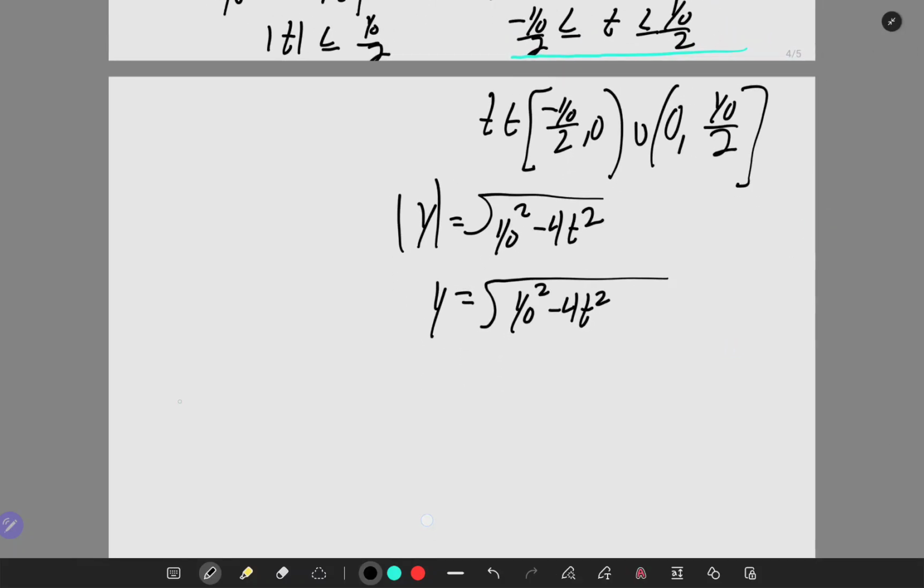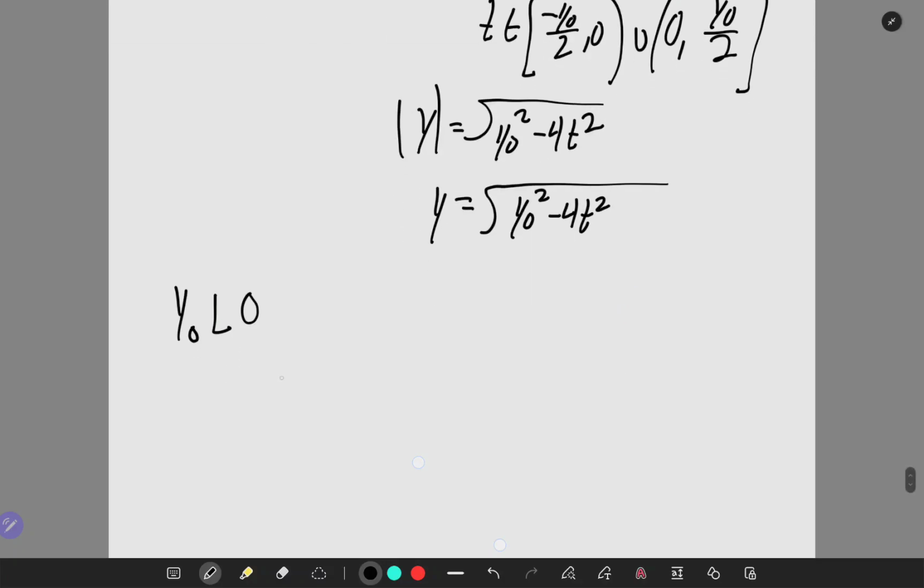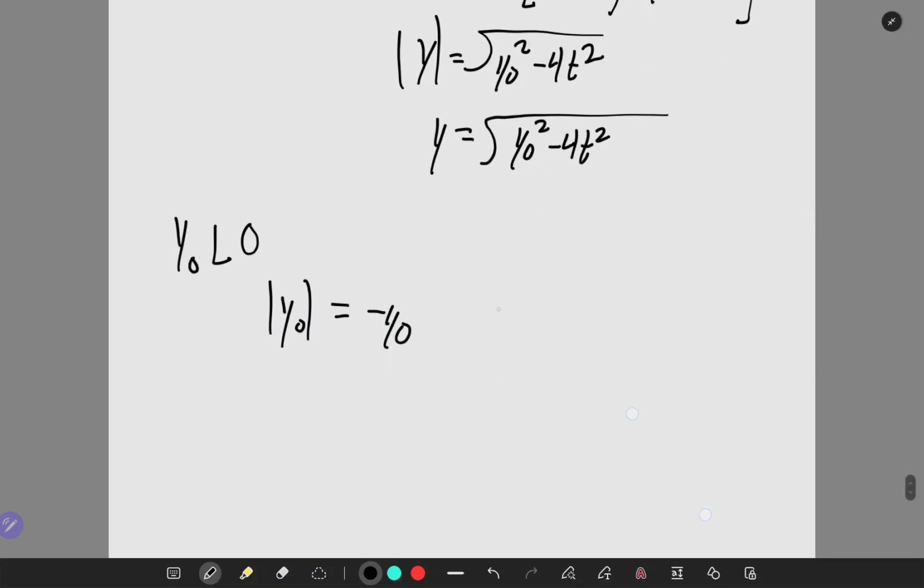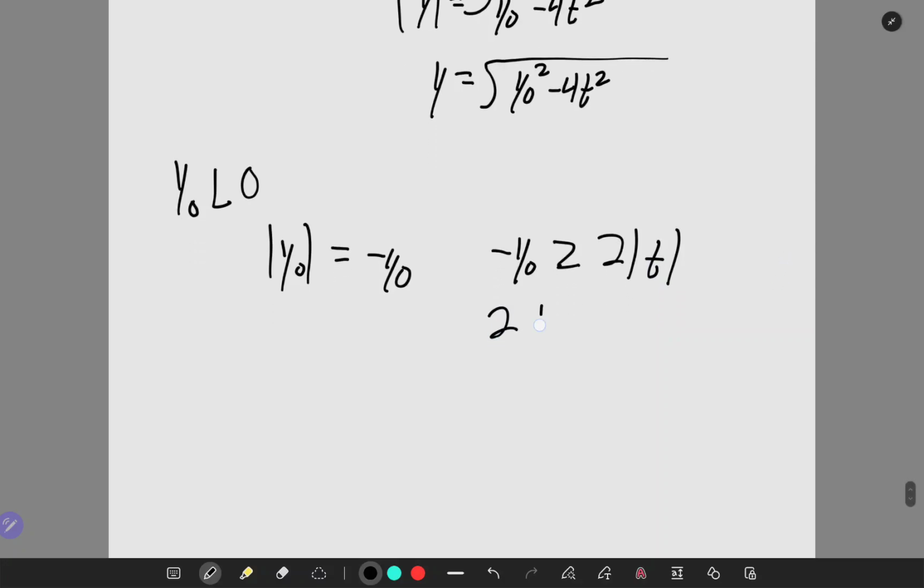But if we look at now y naught is less than 0, we're going to have something like this, right? So then, yeah, we can divide by that negative.